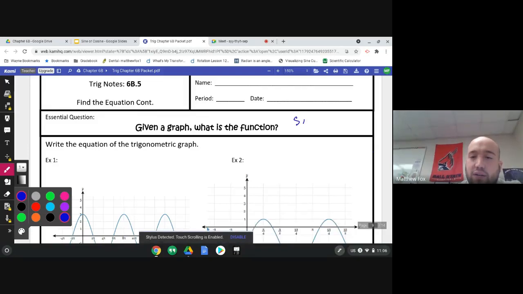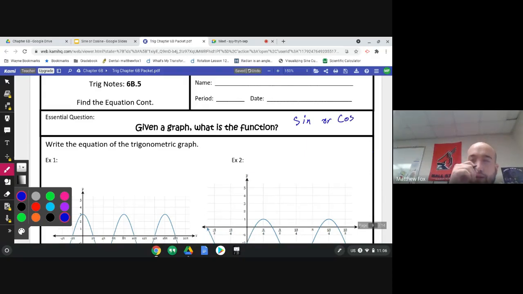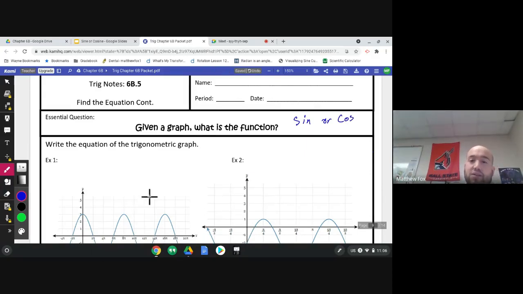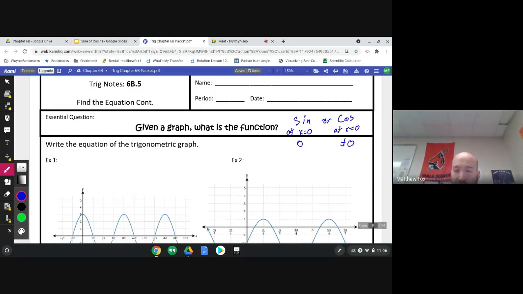If we have a sine curve, at x equals 0, the sine is going to be 0, on the midline. With cosine, at x equals 0, it will not be 0. So if at the y-axis it's on the midline, you know it's going to be sine. If it's not on the midline, then that's going to be our cosine.